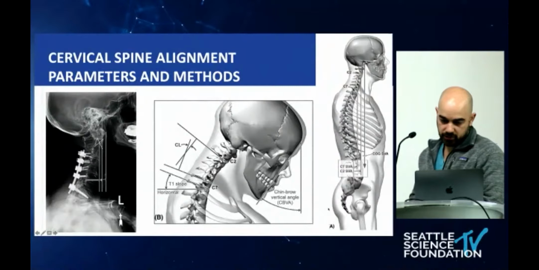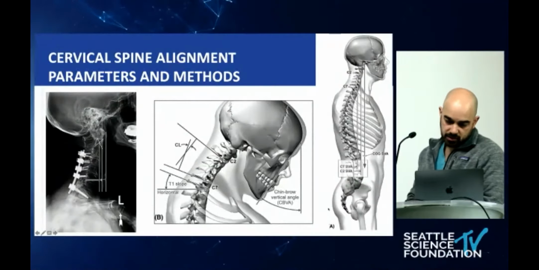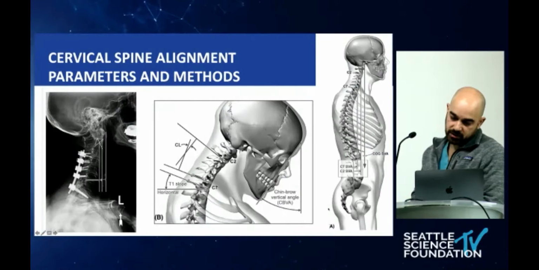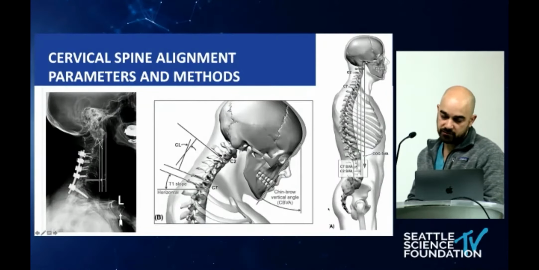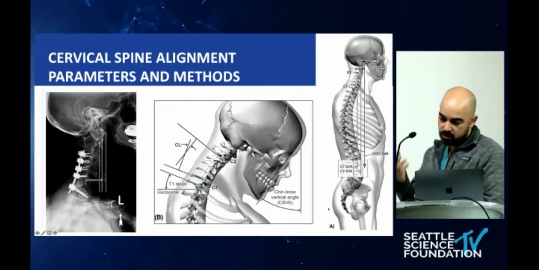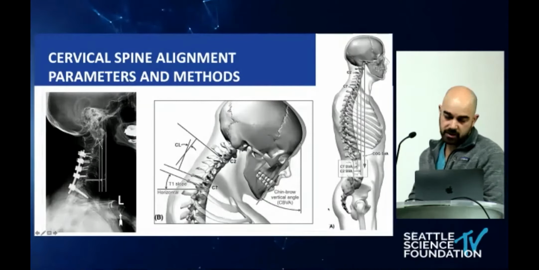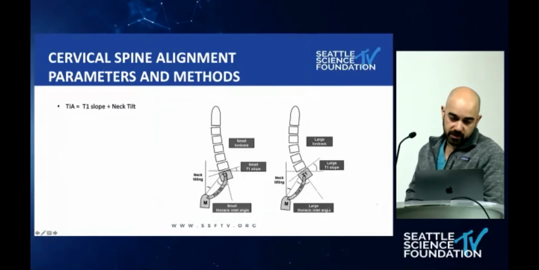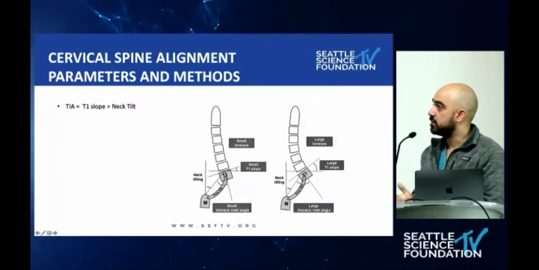I know Paul already talked about the center of gravity SVA as well, so I'm not going to get into that. In terms of measurement of horizontal gaze, they talked about the chin-brow vertical angle, which is the angle between a line drawn from the chin to the brow and the vertical line.